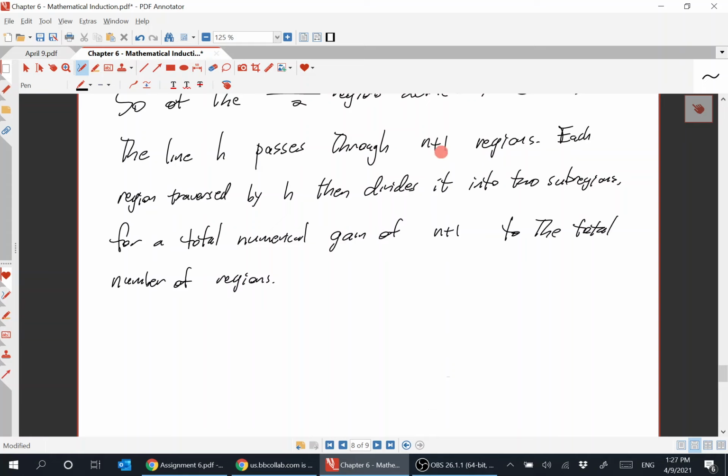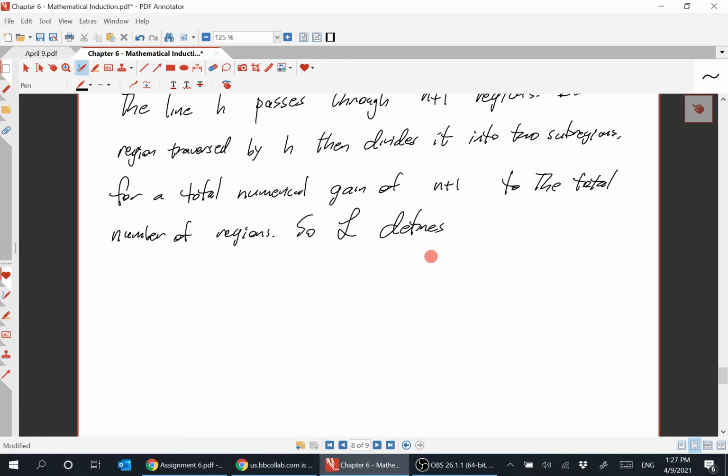So 1, n plus 1 times, gives you n plus 1. So L defines the following number of regions in the plane. How many regions? So we're adding n plus 1 to what?